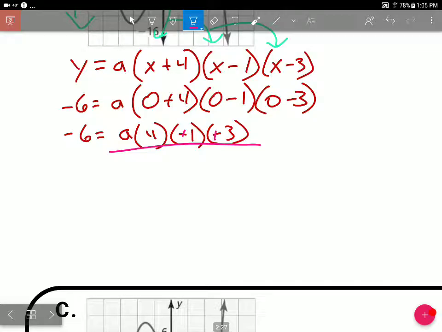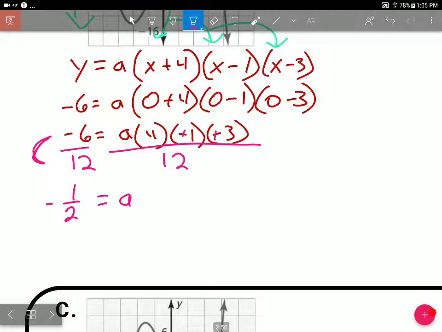What's 4 times 1? 4. Times 3 would be? 12. Good. So we'll divide both sides by 12. And that reduces down to a equals what? What does this reduce down to? -1/2. There you go.